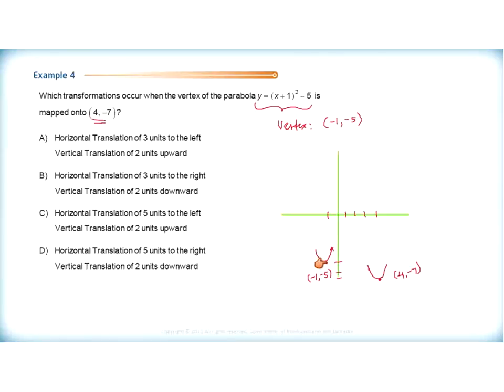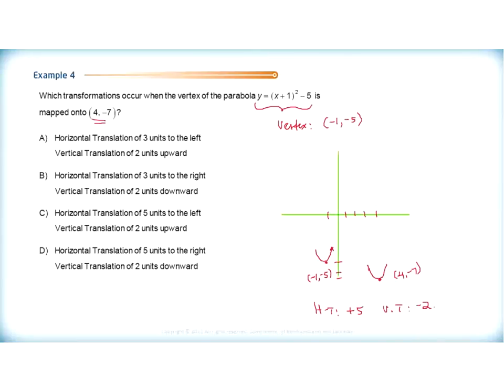The graph has been moved 5 units to the right. 5 units to the right has gone from negative 1 to positive 4. So that's a horizontal translation of 5 units right. And the graph has moved 2 units down, a vertical translation of negative 2. So again, we're looking for which of the 4 answers you see are correct.